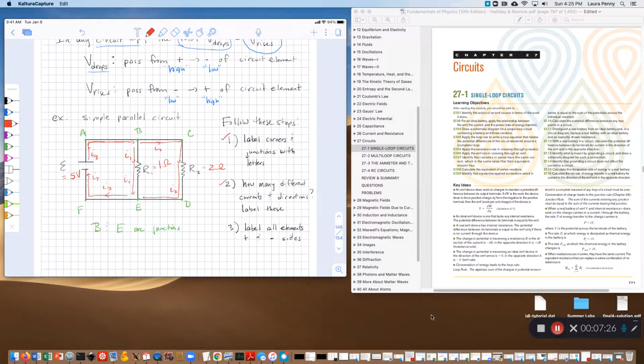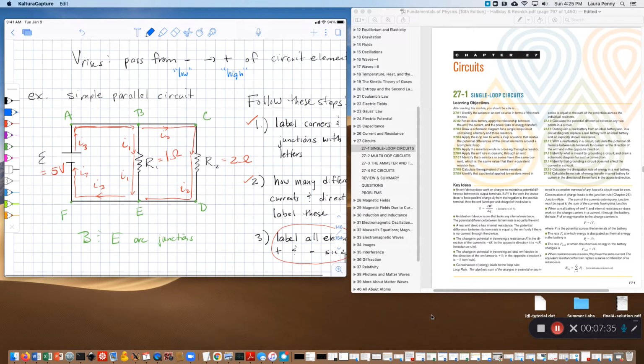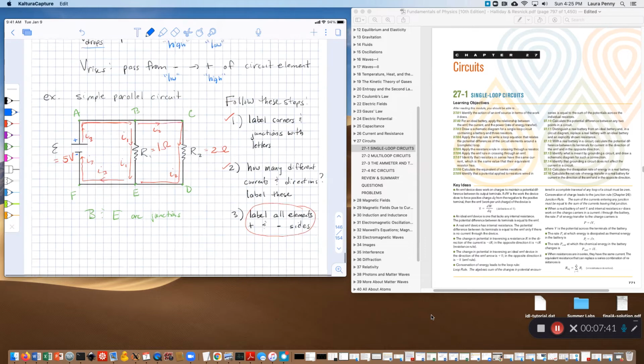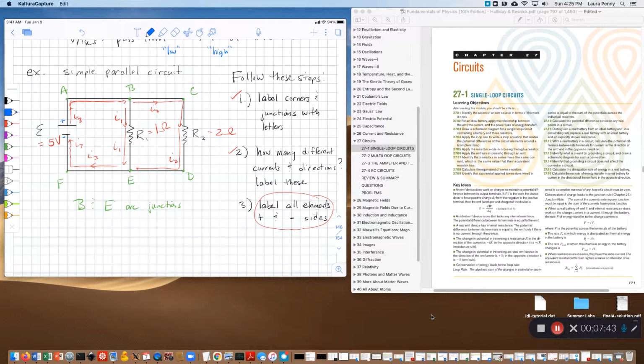Then I said label all the elements that are in here, the positive and the negative side. All right, so the EMF is obvious, right? The positive side is that side, the negative side is this side. The positive side of a resistor, and if we had a capacitor in here, it also usually has an obvious positive and negative side.